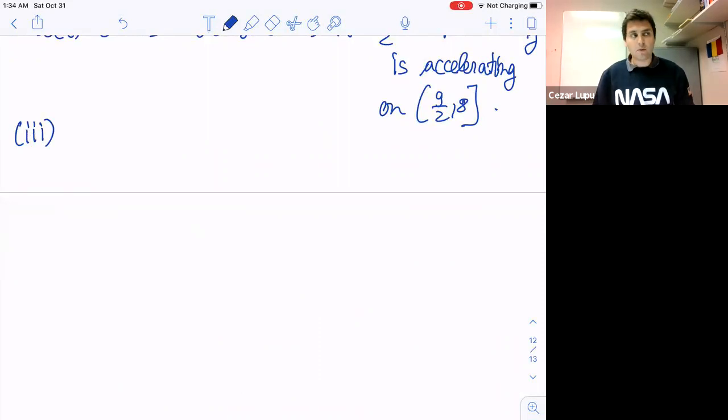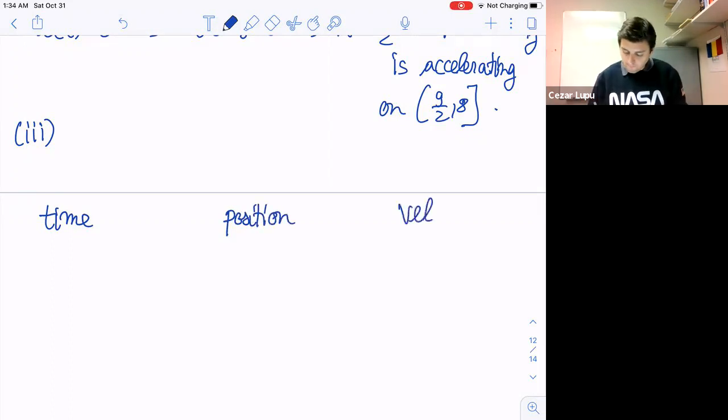We want to see on some intervals how much distance this object traveled. So we have time, we have position, and we have velocity. Let's look at these three.